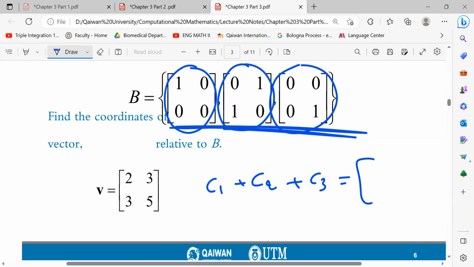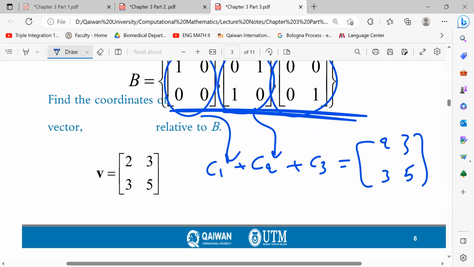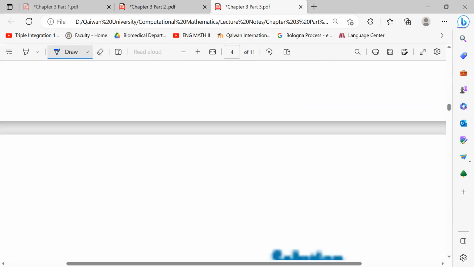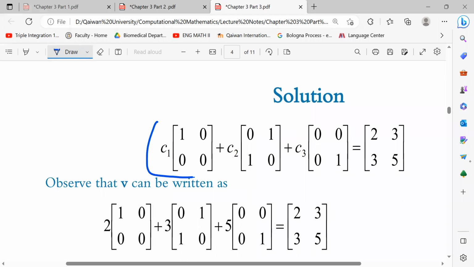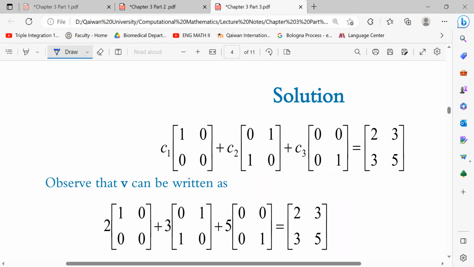It must equal 2, 3, 3, 5. We get C1 times the first matrix in the base plus C2 times the second matrix in the base plus C3 times the third matrix in the base is equal to V. Now, what are the values of C1, C2, C3 to equal this matrix?